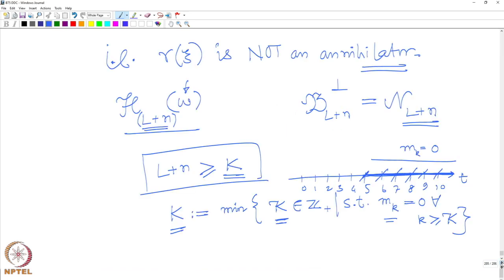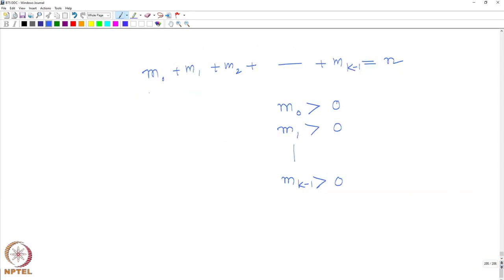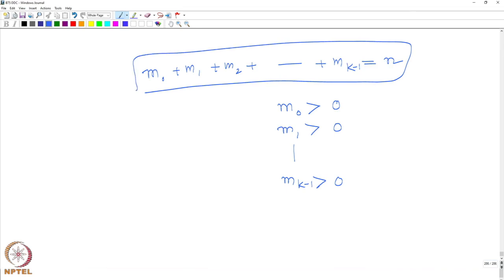That is the definition, right, greater than or equal to, yes. So this sum is equal to n and they are bigger than 0, because capital K is the smallest point from which point onwards Mk values are equal to 0. Before that they should be strictly bigger than 0. So these numbers are strictly bigger than zero, correct.